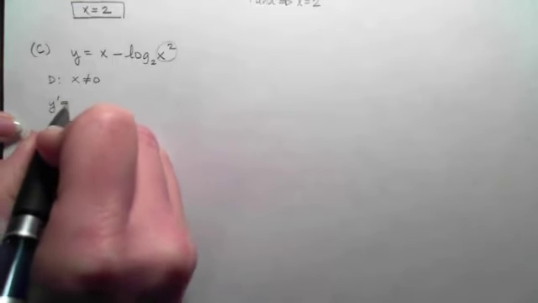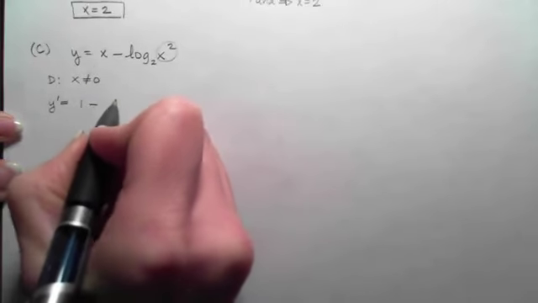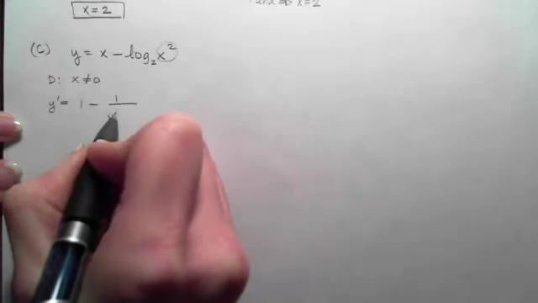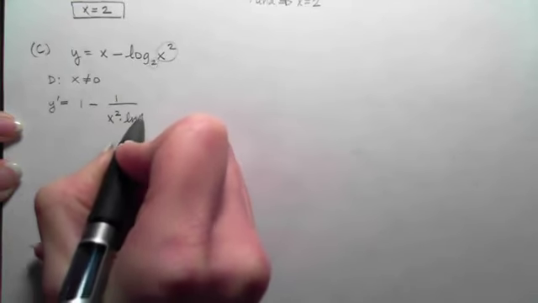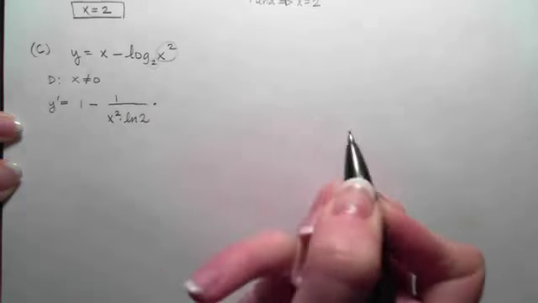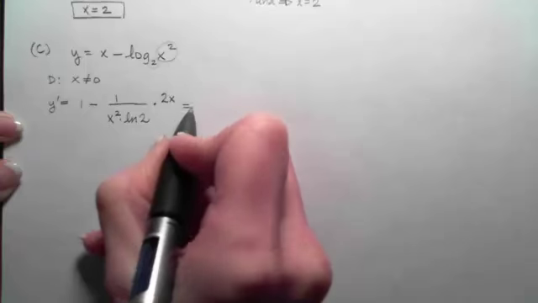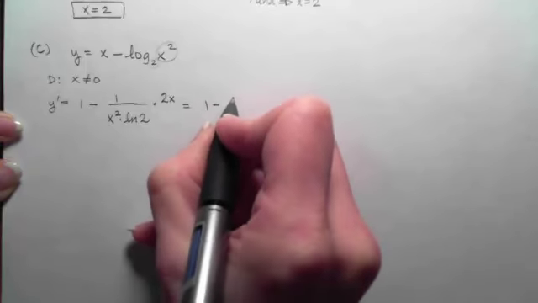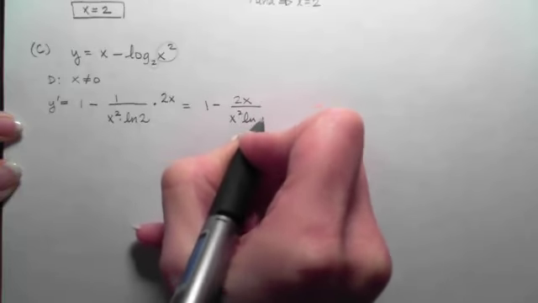So to find the critical values, I will take the derivative, which is 1 minus 1 over the inside. Now because the base is not an e, I have to put that natural log of the base. Then I multiply by the derivative of the inside. If I simplify that, I have a 1 minus a 2x over an x squared ln of 2.